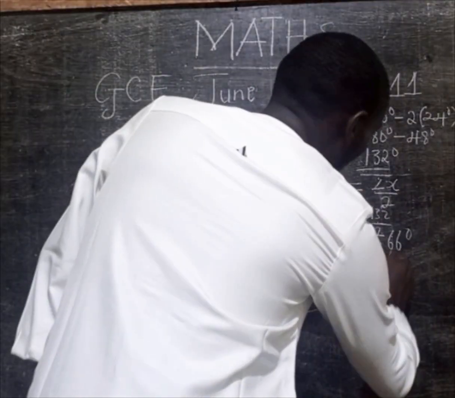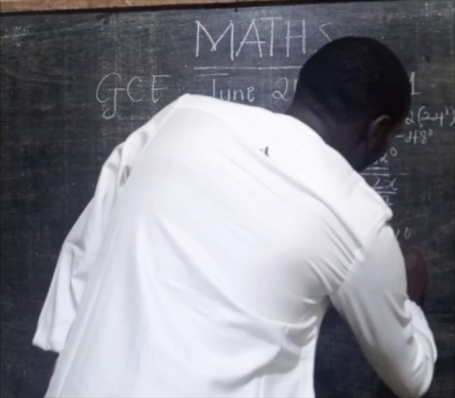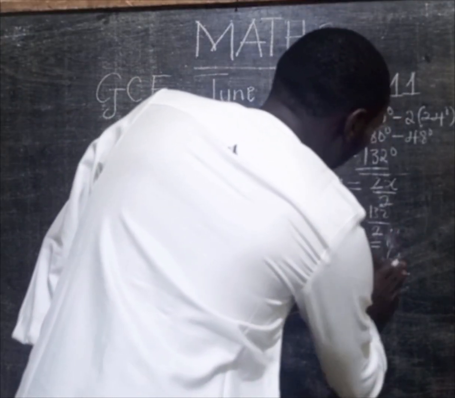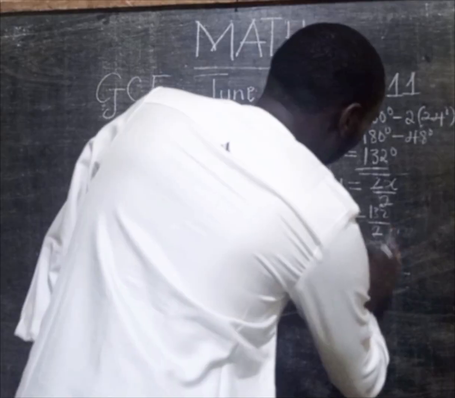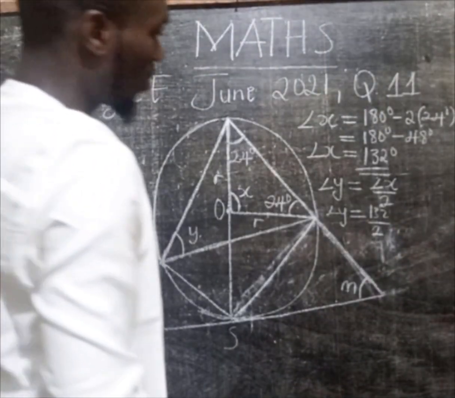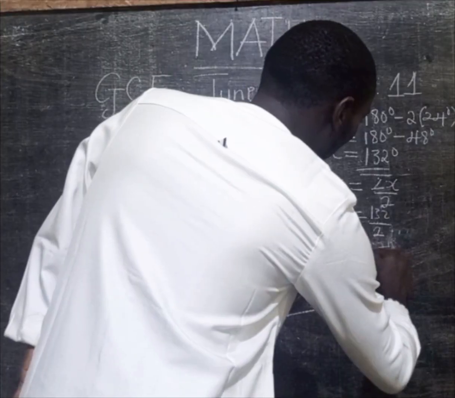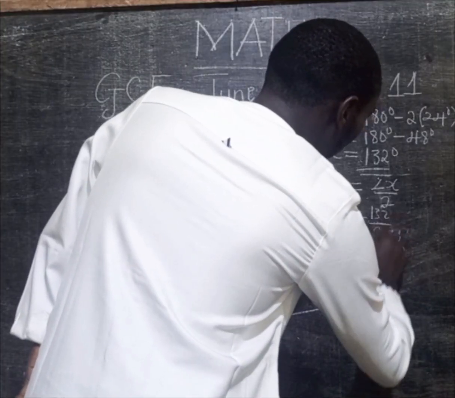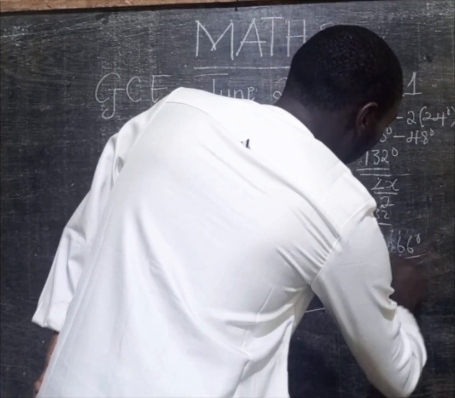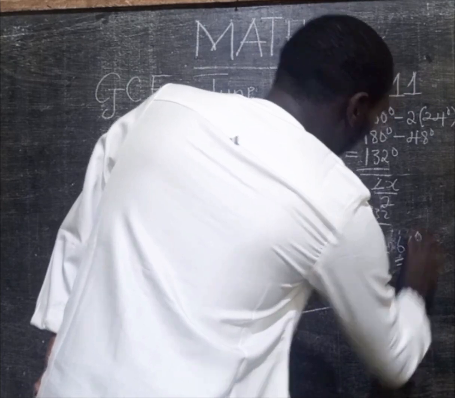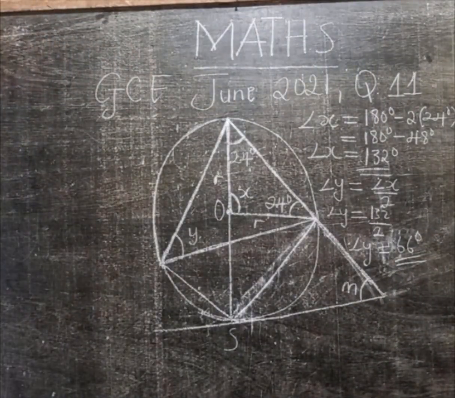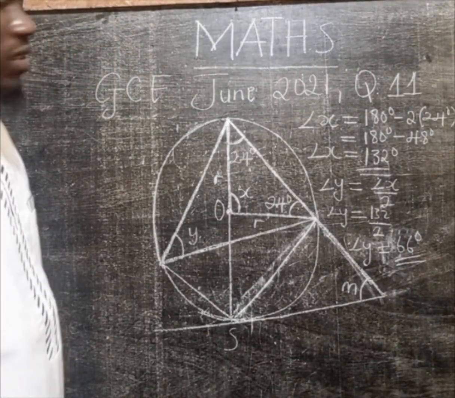Let me see. Angle y would be 132 divided by 2. It gives 66 degrees. So angle y is 66 degrees.